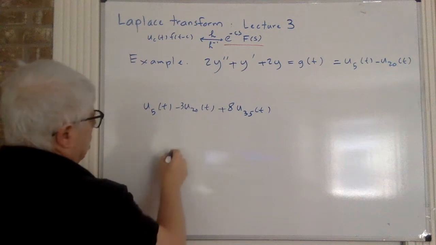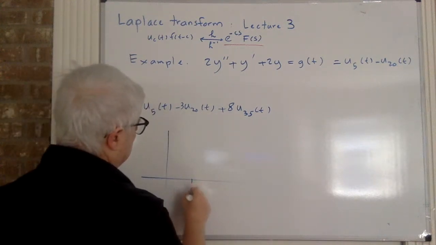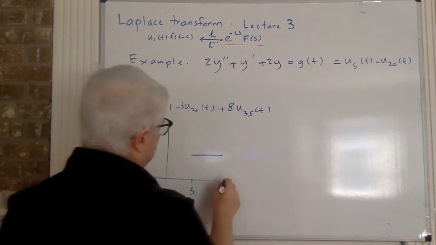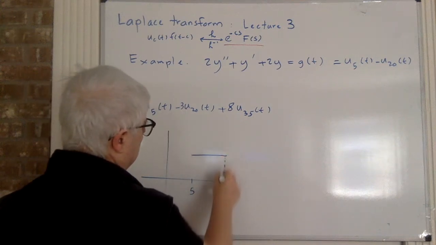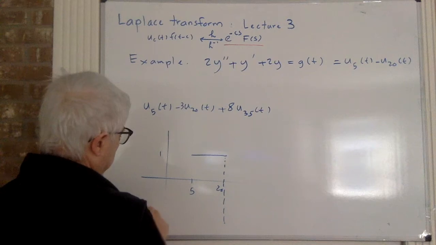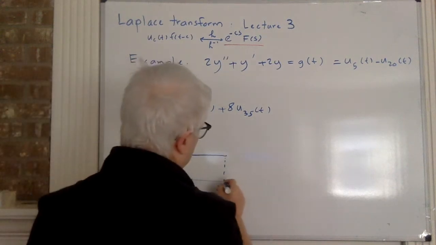So let's see. You start at 5, it's 1 here, you go up to 20, then you drop 3, so you're at minus 2, and stay at minus 2, and how far do you go, to 35?